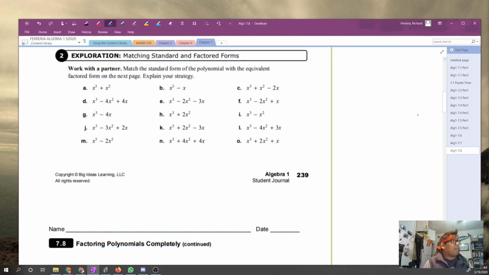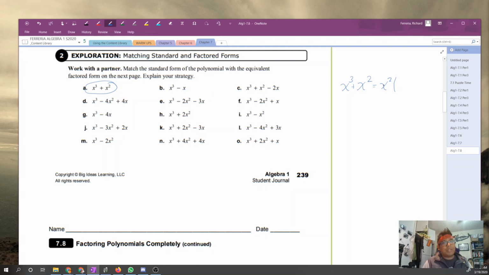Okay, next one, matching standard and factored forms. This exercise here, I think, first of all, let's take that one, let's put it out over here. We got x cubed plus x squared, and we say, they both have an x, right? And what's the smallest power of x? Well, that's x squared.